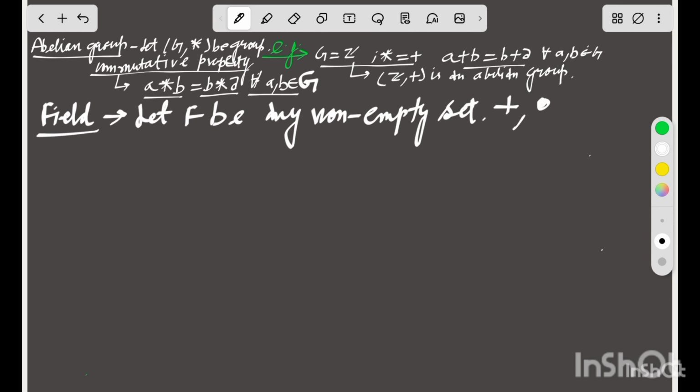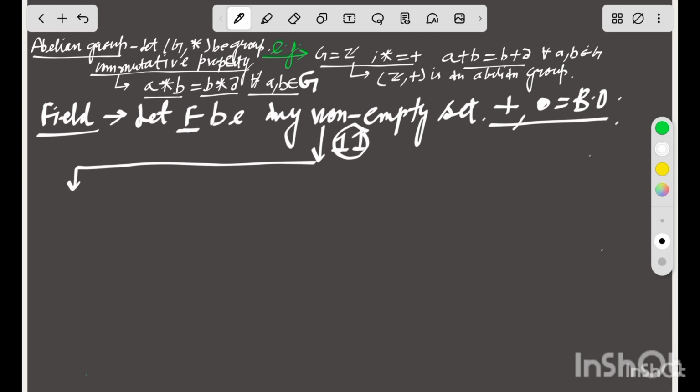It does not mean we have to literally add or multiply the elements. These are two binary operations. If this set F satisfies 11 properties, then we call that set a field. What are the 11 properties? First, F with respect to addition is an abelian group.